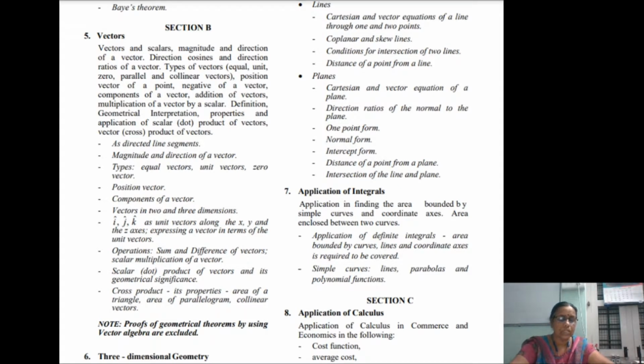So let us start with the section on vectors, Section B, which according to your Volume 2 textbook appears on page number 1135.